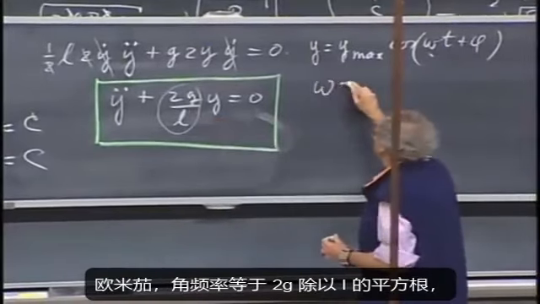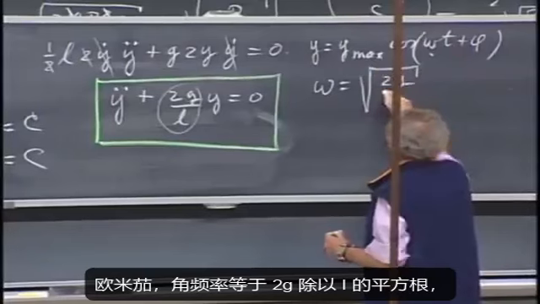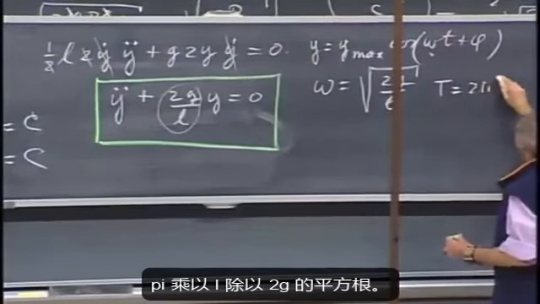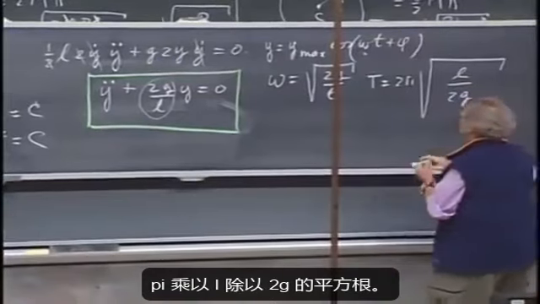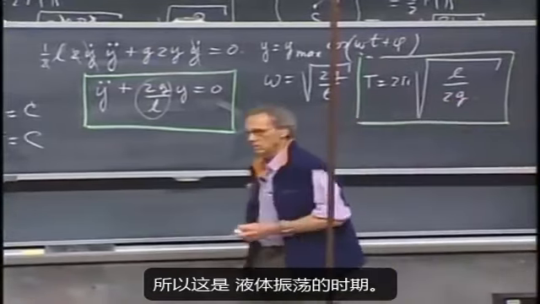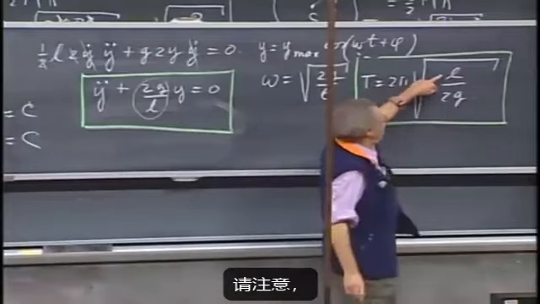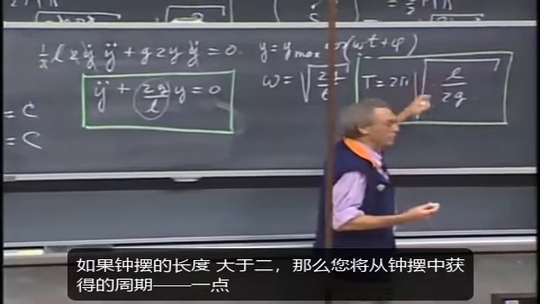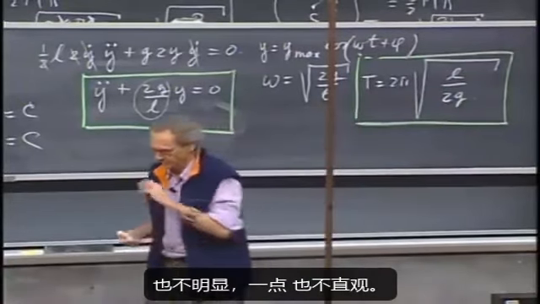Omega, angular frequency, equals the square root of 2g over L, and so the period will be 2 pi times the square root of L over 2g. So this is the period for an oscillating liquid. Notice that it is the period that you would have obtained from a pendulum if the length of the pendulum was L over 2. Not at all obvious, not at all intuitive.